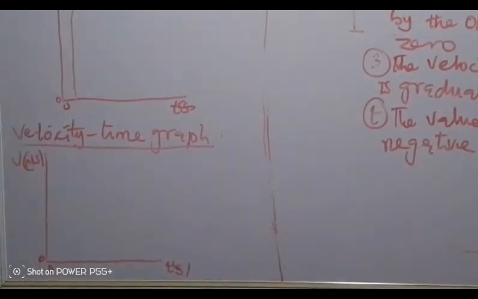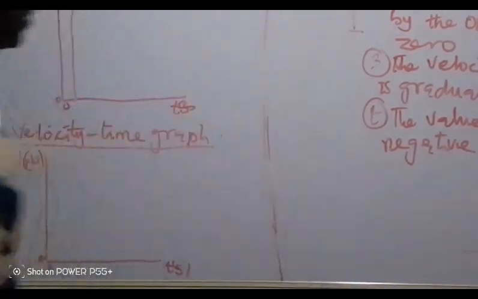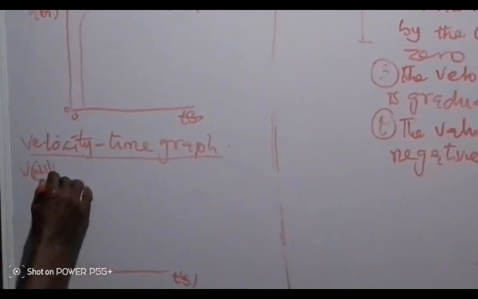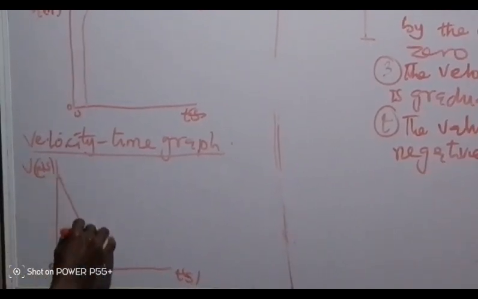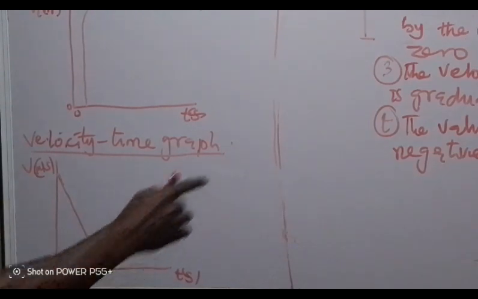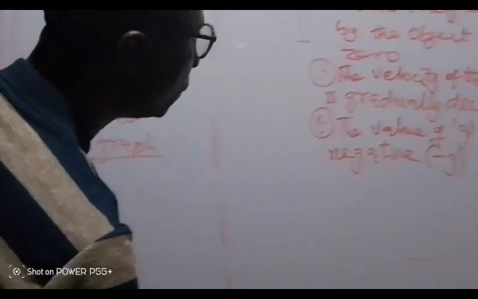Mind you, note this: for the object moving up, what will happen to velocity? Velocity will gradually decrease, so the velocity will decrease downward like that. According to the statement, at maximum height the velocity is 0.